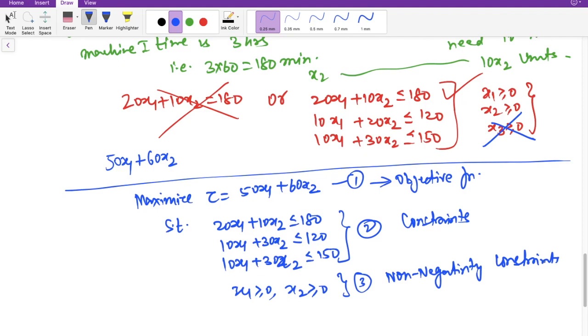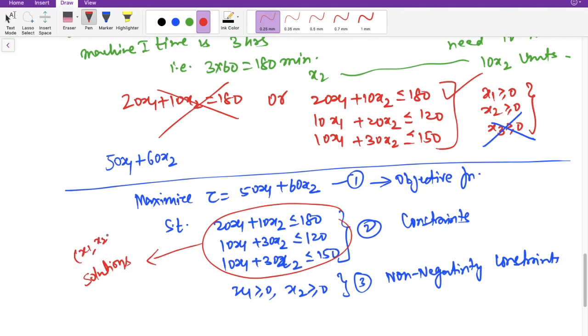In the next video, I'll be telling you how to solve it, but since we have already formulated it, why not discuss 1 or 2 more things, maybe beyond the scope of this video, but otherwise ultimately you need to know it. Now suppose I have to solve it. First I'll solve 2. Whichever ordered pair x1, x2 satisfies this whole system will be called solutions.